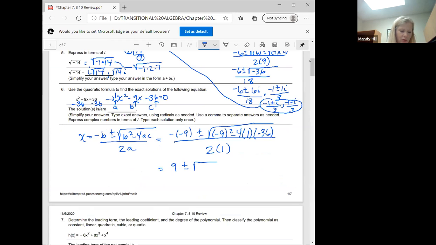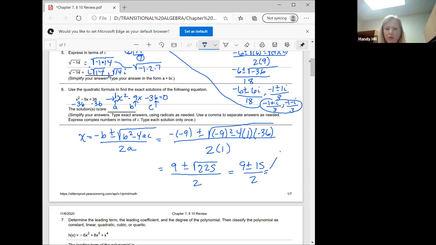We want to square that whole thing, minus 4 times 1 times negative 36. Okay, I'm getting 225 here, and that would be over 2. Now, one thing I know about this is the square root of 225 comes out even, I'm pretty sure. Yeah, the square root of 225 is just 15.